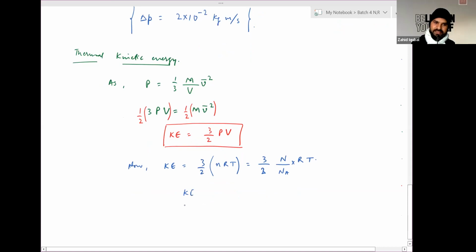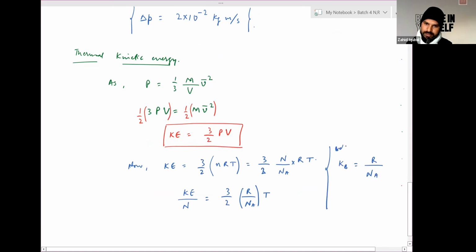So kinetic energy divided by number of particles equals 3 by 2 R divided by Na multiplied by T. This particular quantity is termed Kb, which is equal to R by Na, where Kb is the Boltzmann constant, R is the universal gas constant, and Na is Avogadro's number.